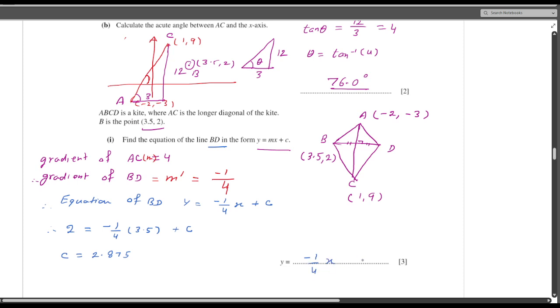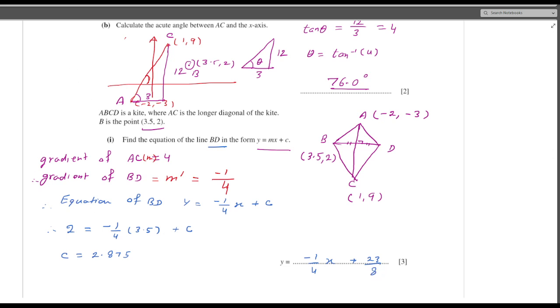Therefore I will say that the equation of BD is minus 1 divided by 4, that is 0.25, times x, plus, if I convert to a fraction, 23 divided by 8. So this is my equation: y = -1/4 x + 23/8.